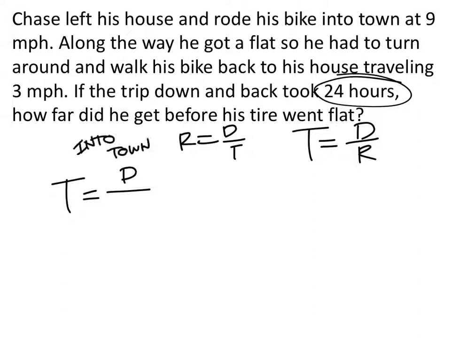Distance into town divided by his rate, which was 9 miles per hour. And that time would be added to his time back home, which is the same distance, but at a slower rate there, 3 miles per hour.